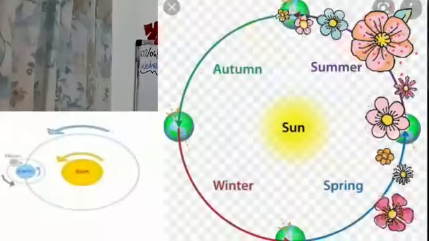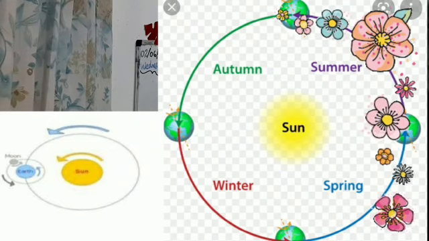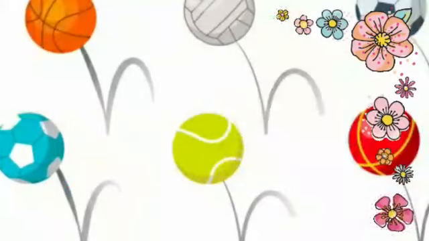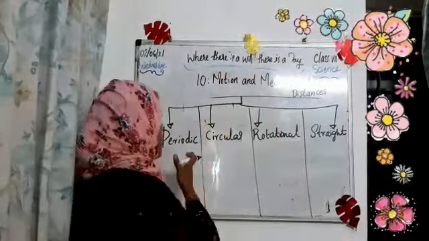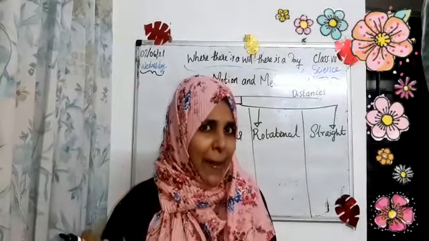Okay, look at this example, children. The rotation and revolution of the earth is actually a periodic motion. And a bouncing ball is also a type of periodic motion. So from the examples we can understand periodic motion means it repeats at regular intervals of time, right?